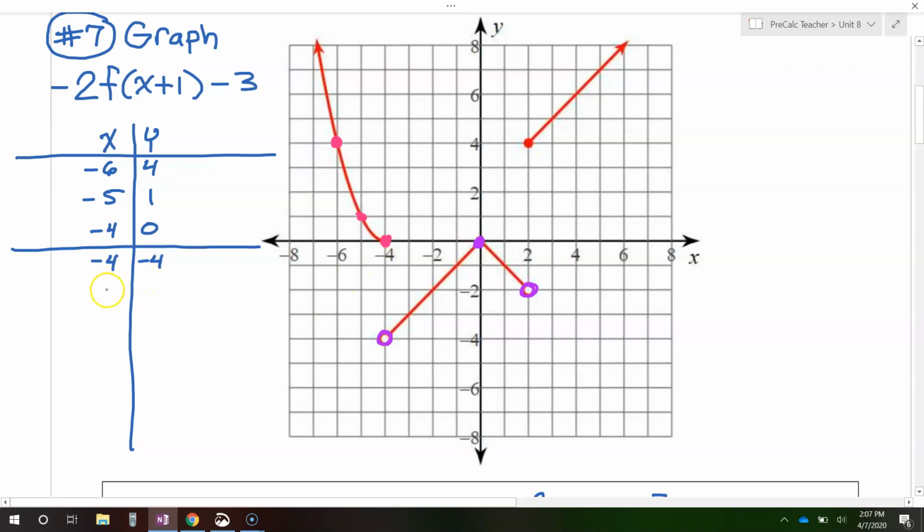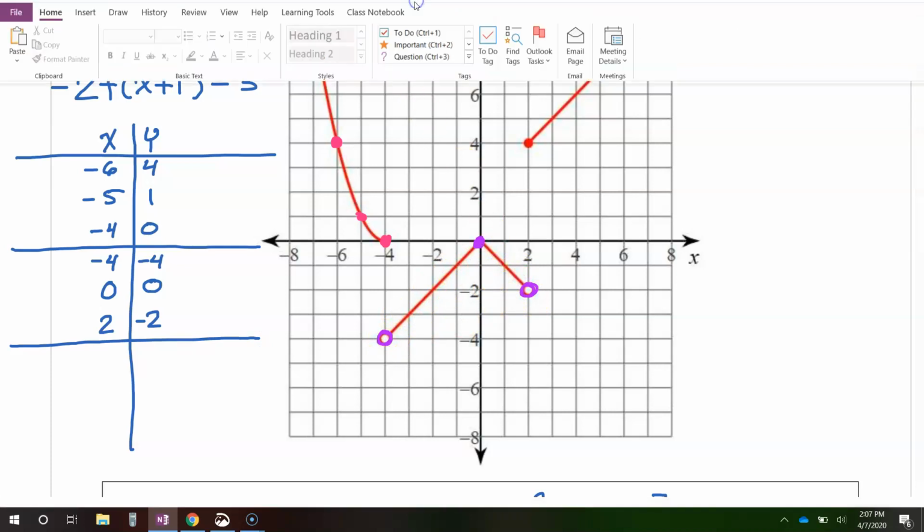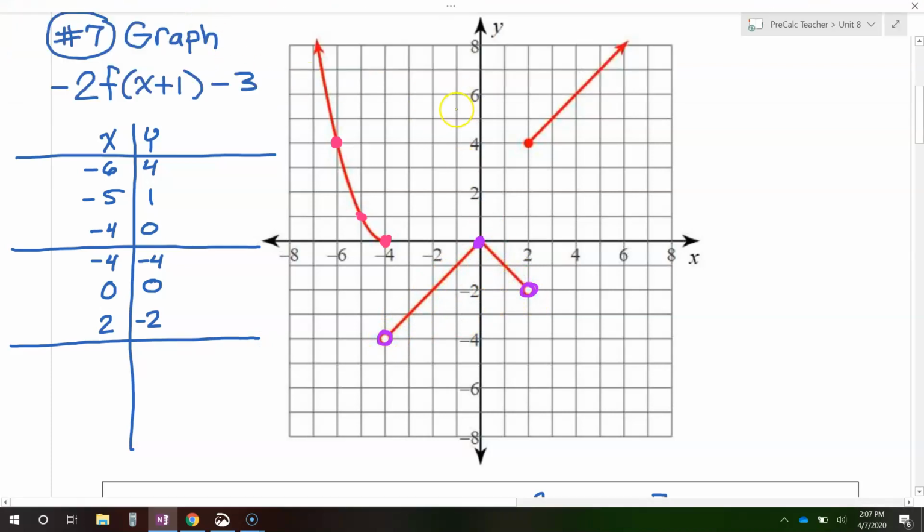And then 0, 0. And then 2, -2. So we will have 2, -2. And then I'll go ahead and put my line here to show that that's another section of the function that's done.